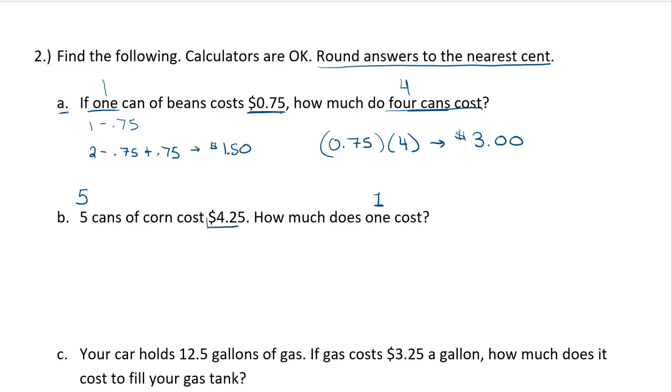So we need to figure out cost per can. So we have cost in money, per means division, and then can is the last unit. So we can use the units to figure out how we set everything up. So the top, the money, is $4.25 divided by 5, right, which is the number of cans.